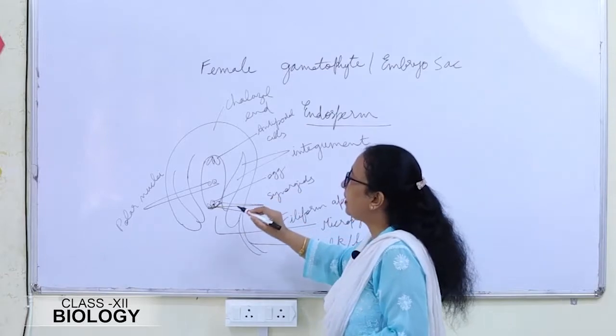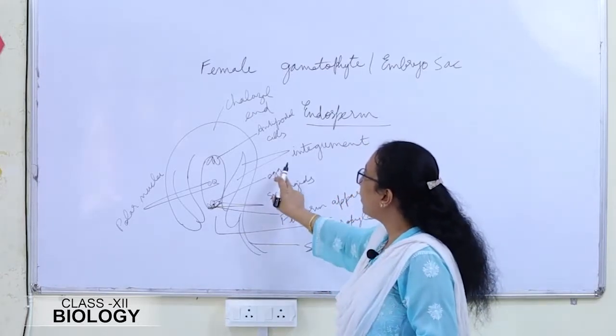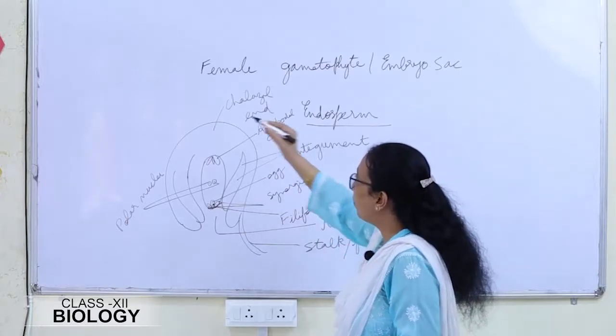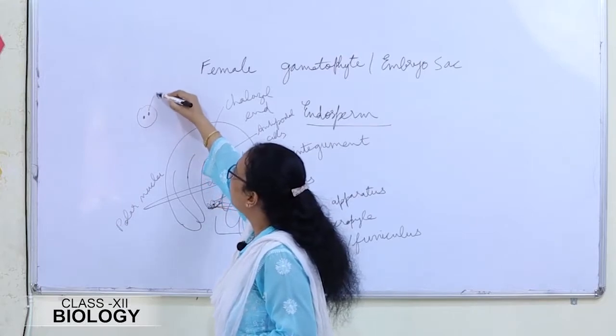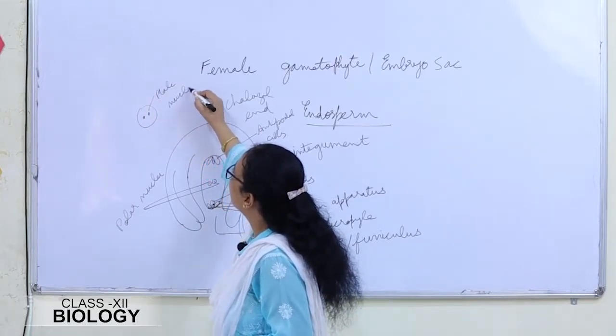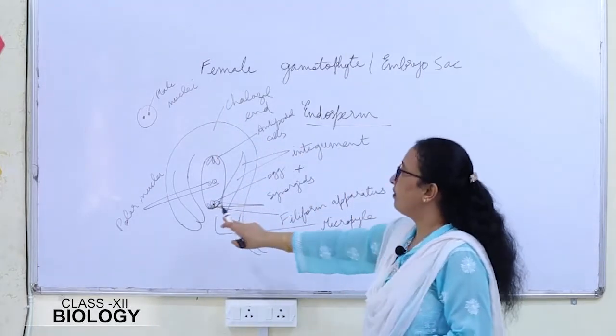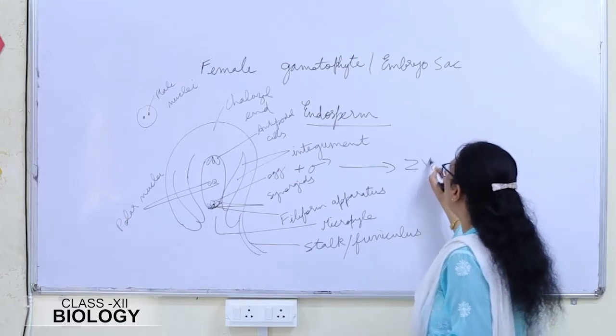So we had seen when fertilization takes place, the pollen grain has two male nuclei, of which one will fuse with the egg and form the zygote.